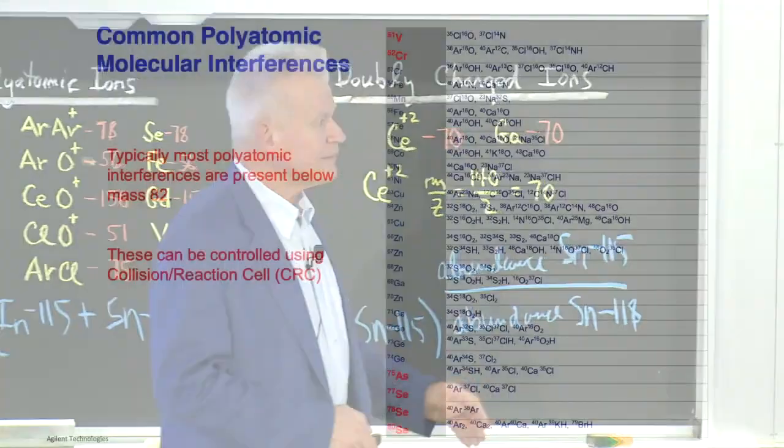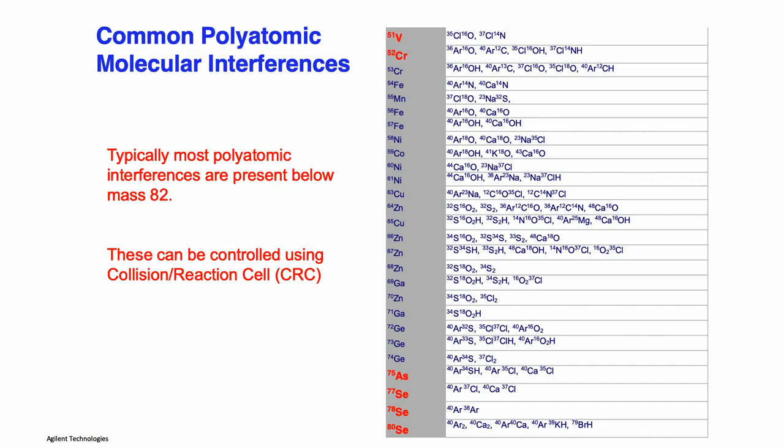And there's a whole table of them. Look at this. I'm giving you this so you don't have to search for these in the dark. This is everything right here. Everything that I wrote up there is included here. And typically, most of these interferences come below mass 82. So how are we going to deal with these? We've got to figure out a way to deal with them.